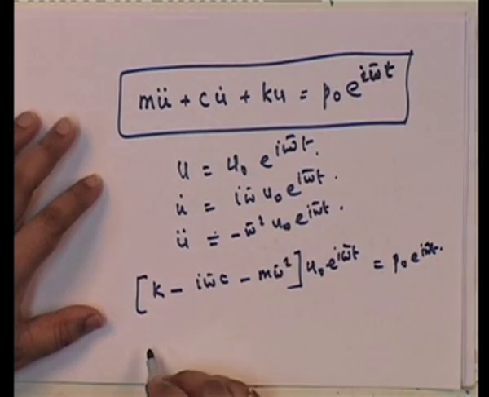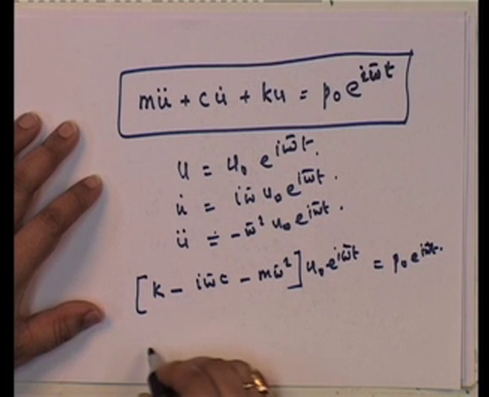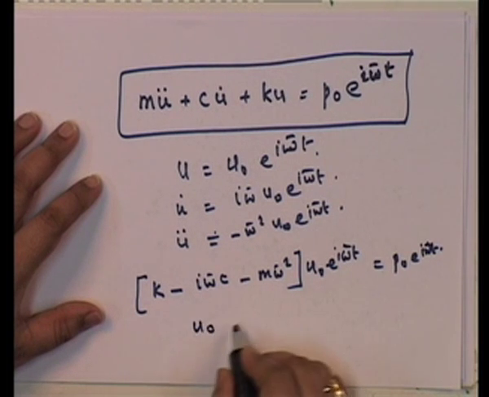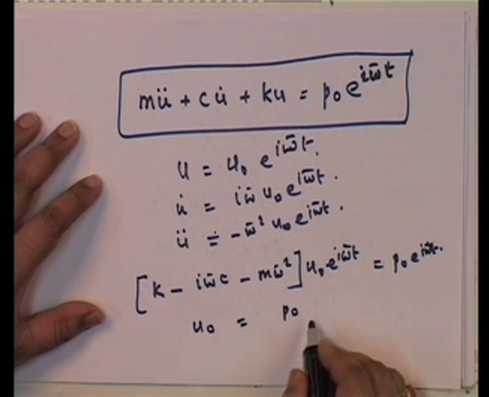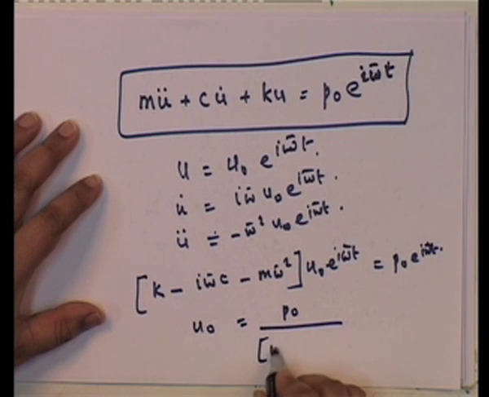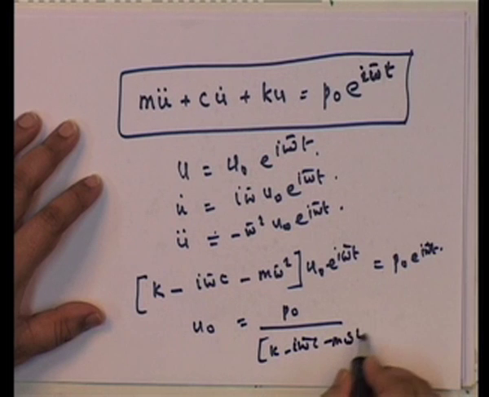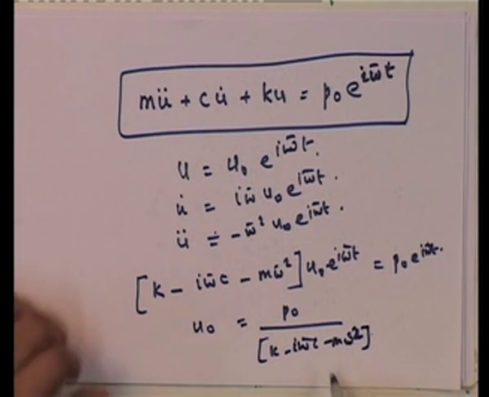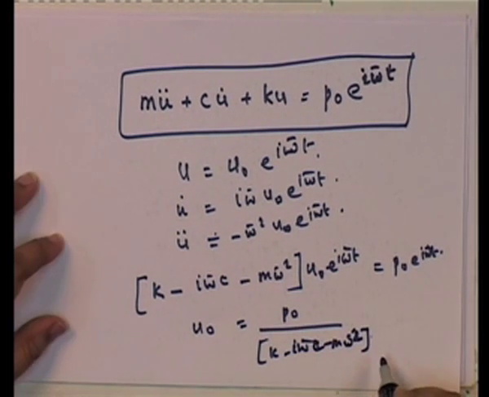Okay. So, what do I get? I get u 0 is equal to p 0 upon k minus I omega bar c minus m omega bar squared. Okay.